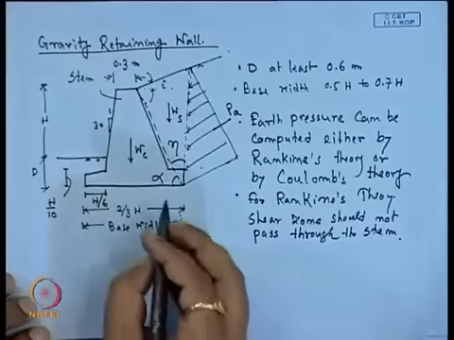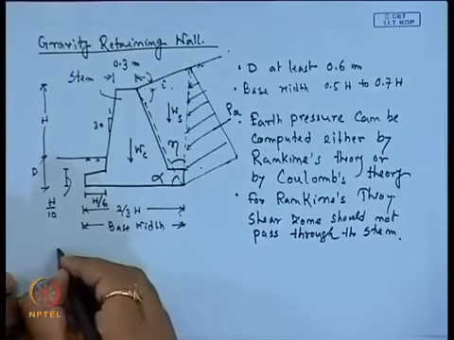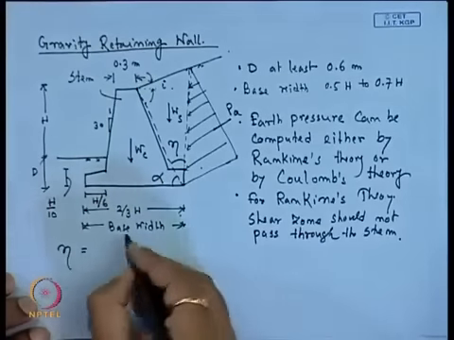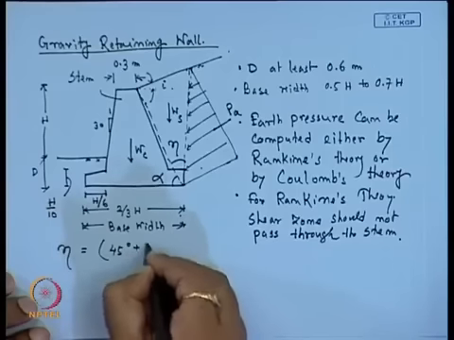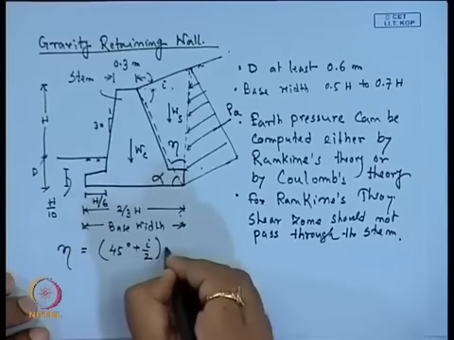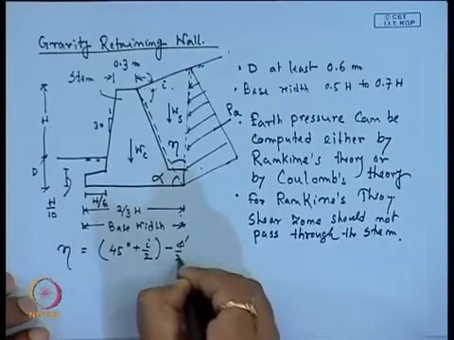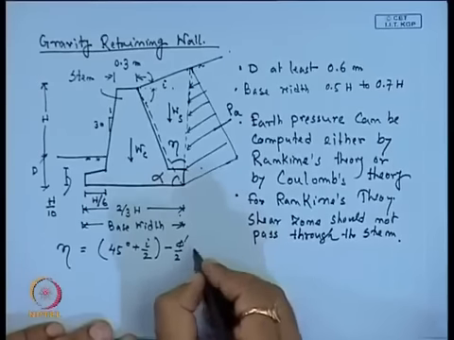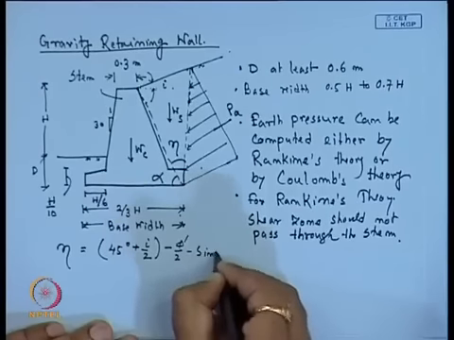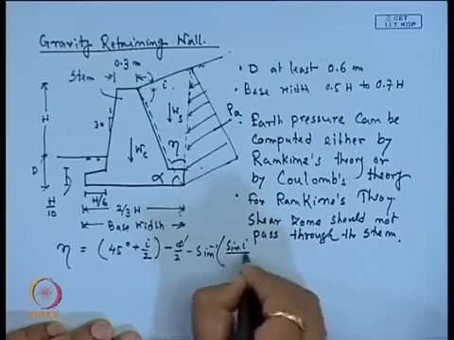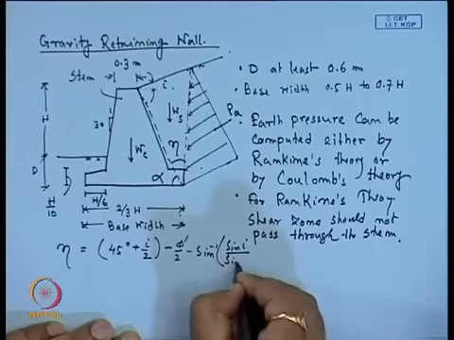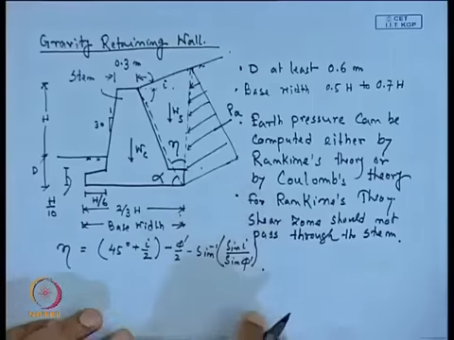So, to satisfy that condition, this angle we can calculate: it is 45 degree plus I by 2 minus phi dash by 2, where phi is the friction angle, minus sin inverse of sin I divided by sin phi dash.